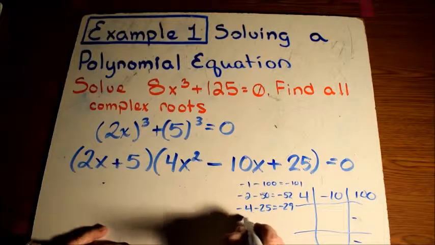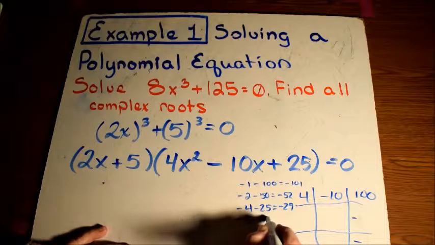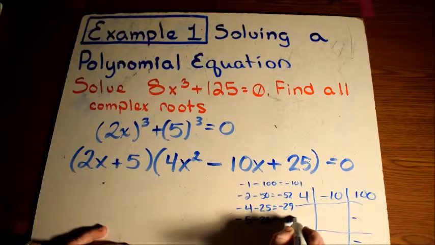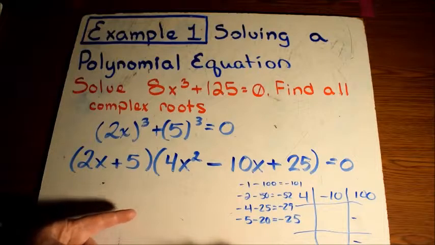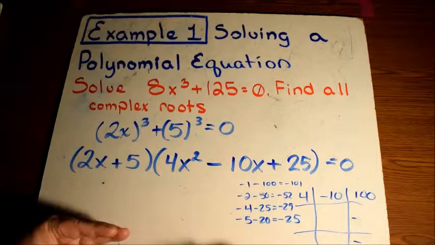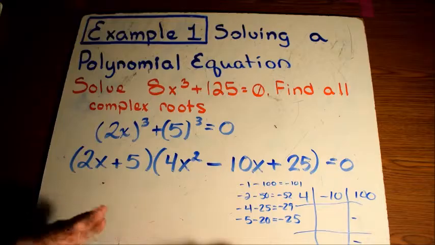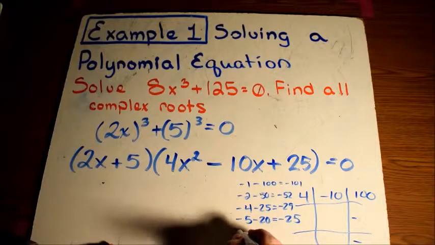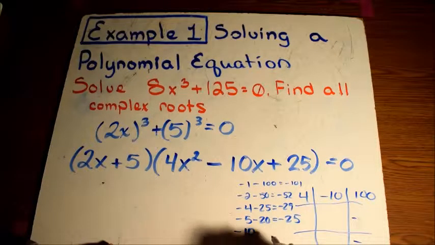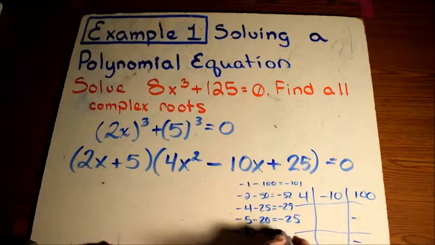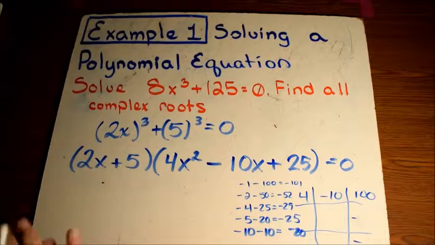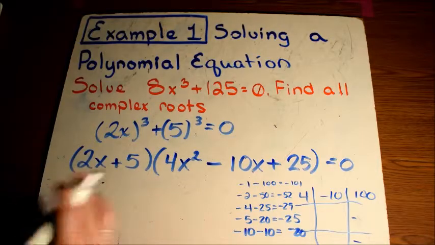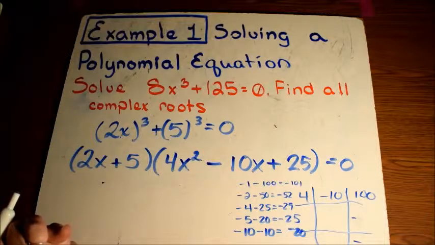What about 5? -5 and -20, -25. Will 6 go in? No. 7? No. 8 won't go in. 9 won't go in. What about 10? Well, -10 times -10 is 100. Well, that's -20. So we can't find two factors that will get us to -10.